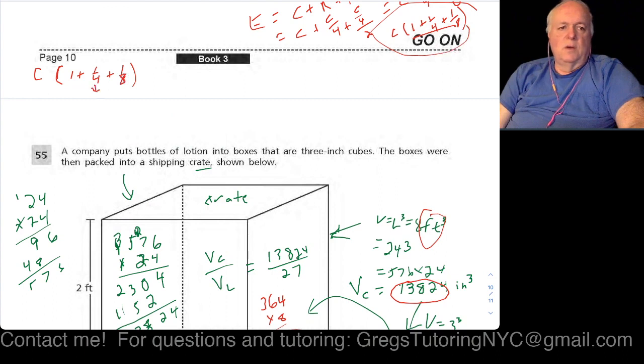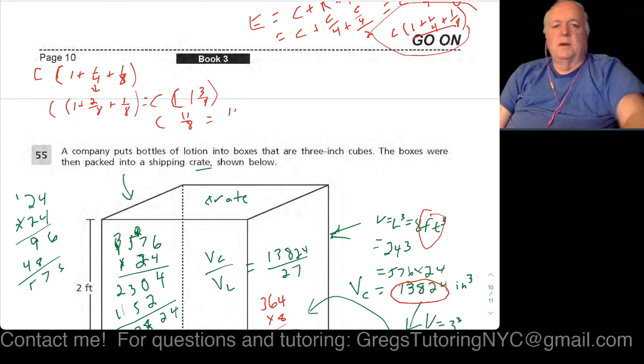So 1/4 is 2/8, so then we have C times 1 plus 2/8 plus 1/8. That's equal to C times 1 3/8, or 11/8 times C.